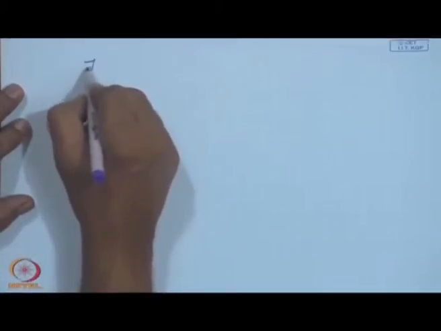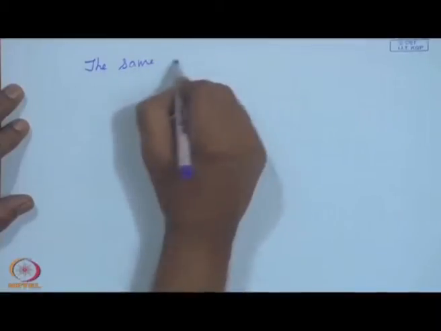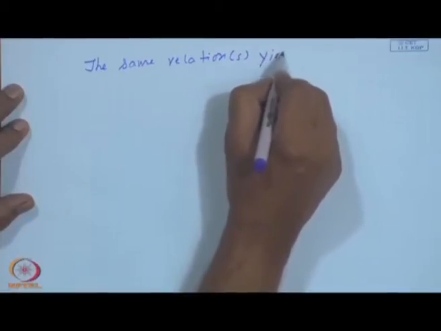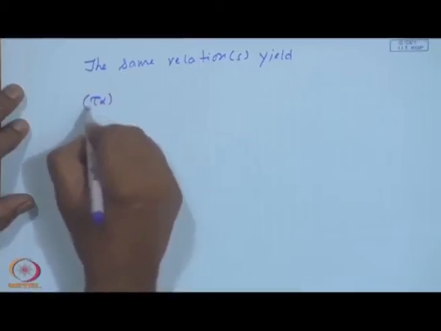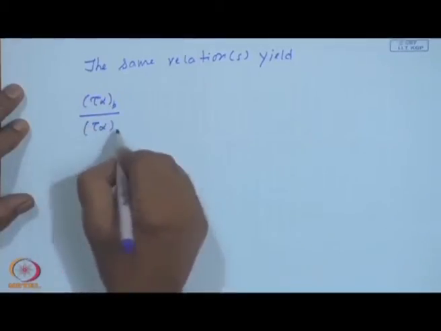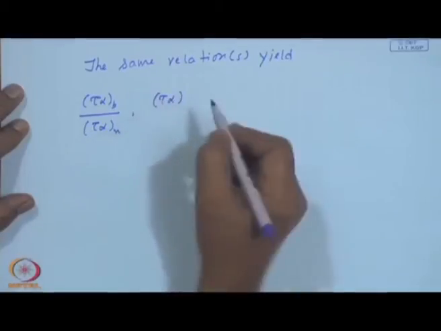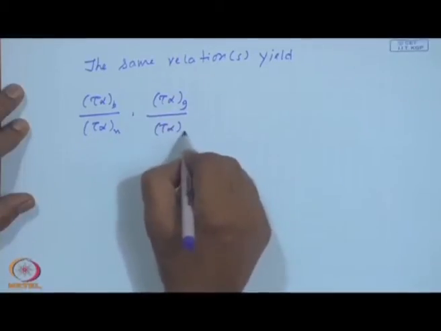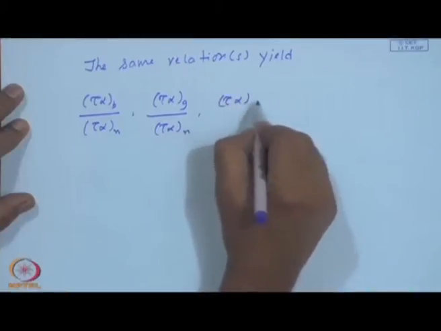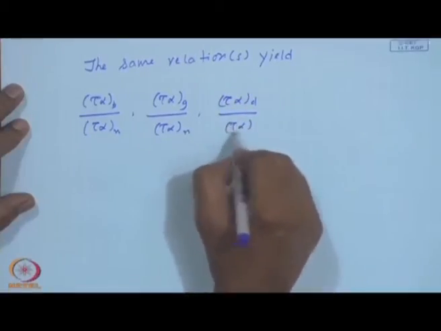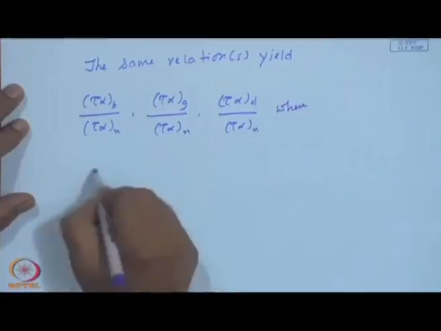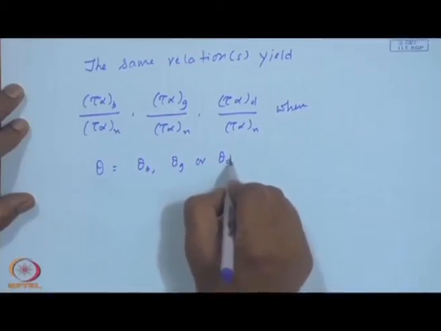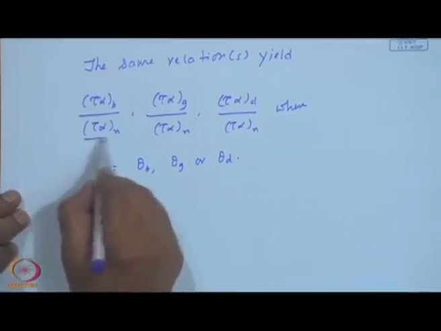The same relations yield all the ratios of direct transmittance absorptance product, tau alpha g upon tau alpha normal, tau alpha d upon tau alpha normal, when theta b, theta g or theta d is used. So, you use theta b, you will get tau alpha b by tau alpha n.